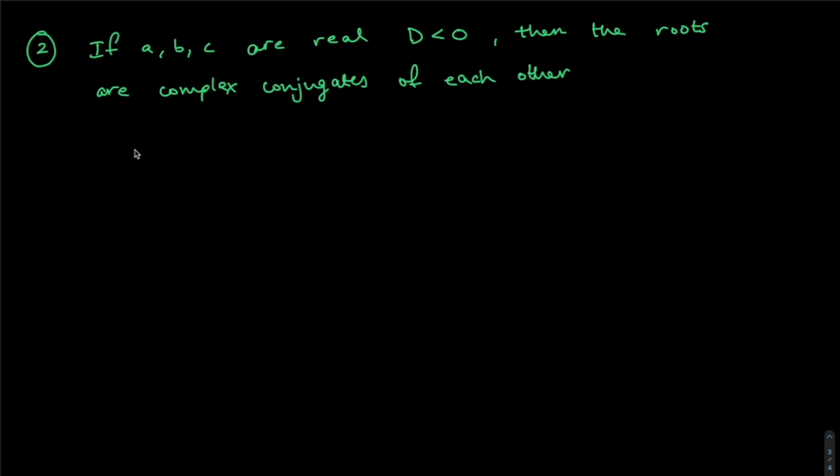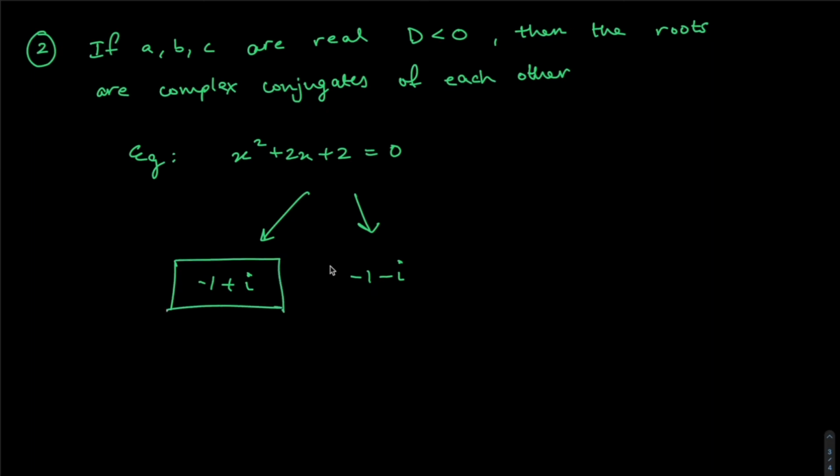Okay, example. I used this example again before as well. x squared plus 2x plus 2 is equal to 0. The two roots that I get here are minus 1 plus i and minus 1 minus i. If you remember from the complex videos, I clearly defined what a conjugate is, and as you can see, this also satisfies the condition of being a conjugate.